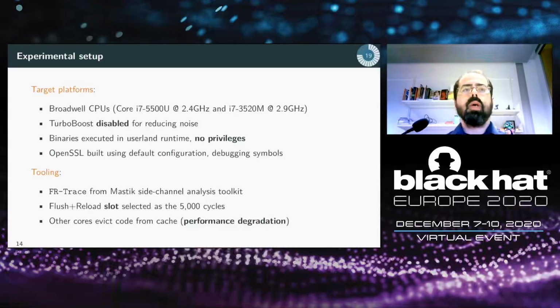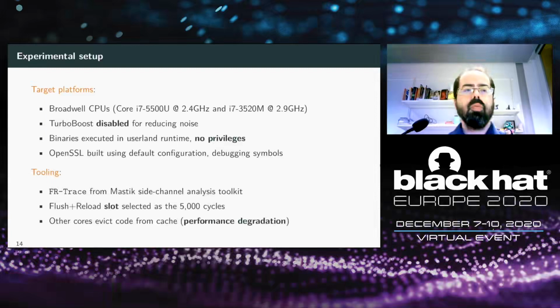Our experimental setup involved 2 Broadwell CPUs running at different clock frequencies, but both with turbo boost disabled for reducing noise in the measurements. The binaries were executed in userland runtime without requiring any privileges, and OpenSSL was built using the default configuration with debugging symbols enabled for a slightly more convenient attack.